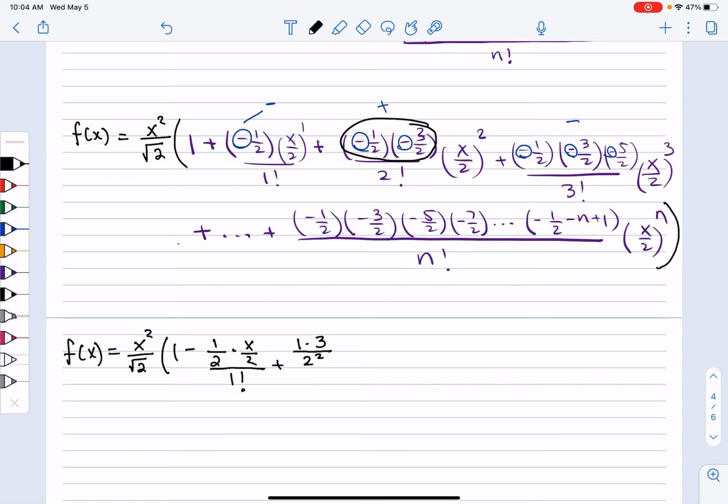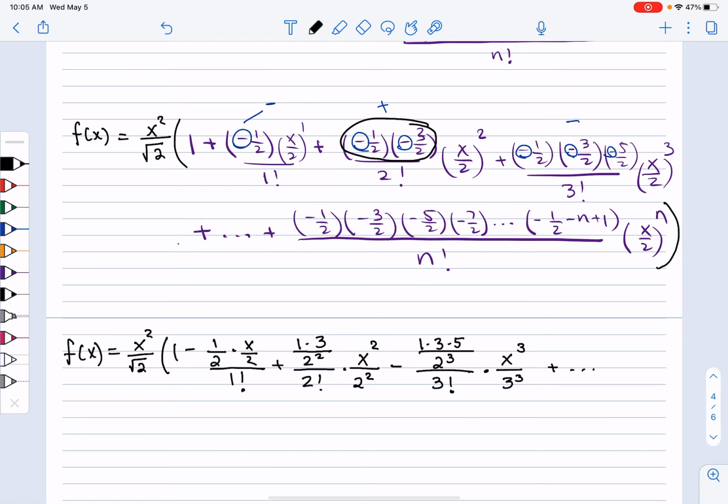And then we can put here over 2 factorial times x squared over 2 squared. We have plus, actually minus, we have minus 1 times 3 times 5 over 2 to the third power over 3 factorial, and then times x to the third power over 2 to the third power.